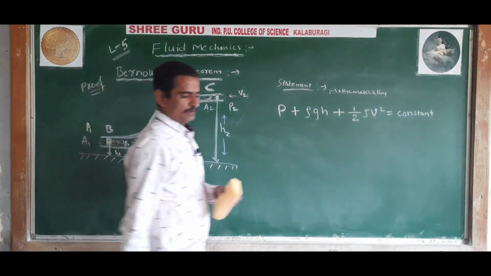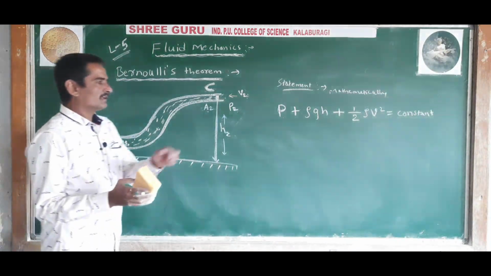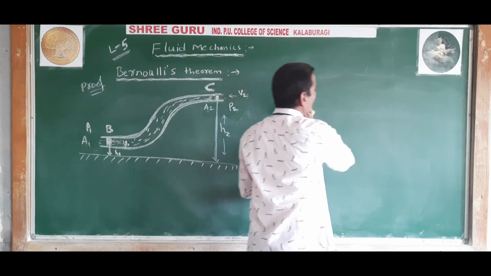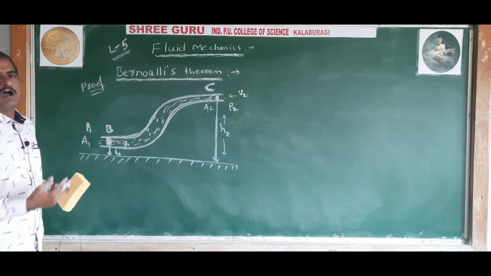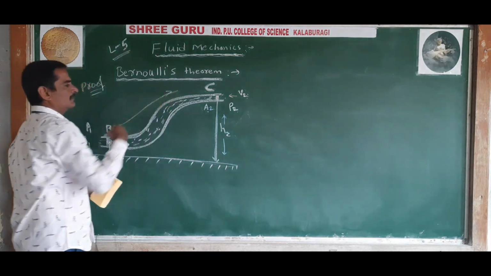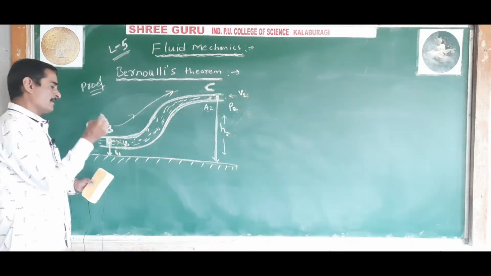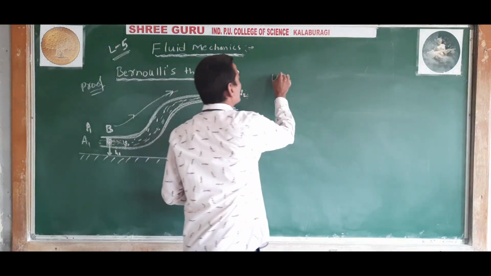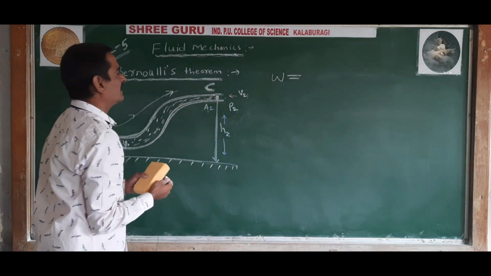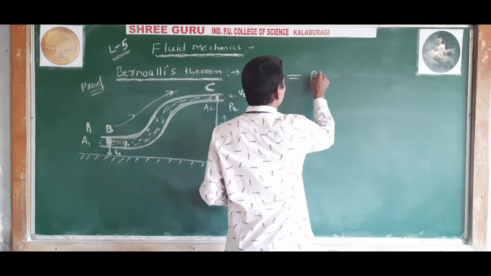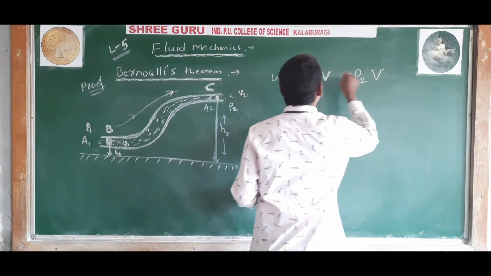Understood? So now the work done in pushing a liquid of volume V, an incompressible liquid of volume V, from B to C. The work done in pushing a liquid of volume V from end B to C is equal to the work done at the end B minus the work done at the end C. So the work done can be written as P1V minus P2V, where V is volume.